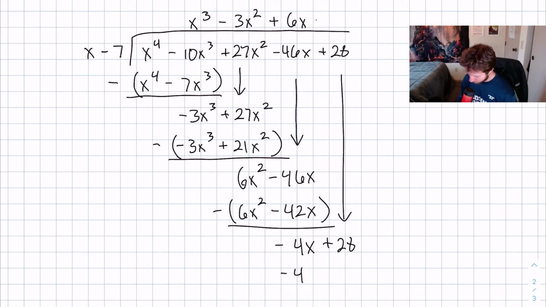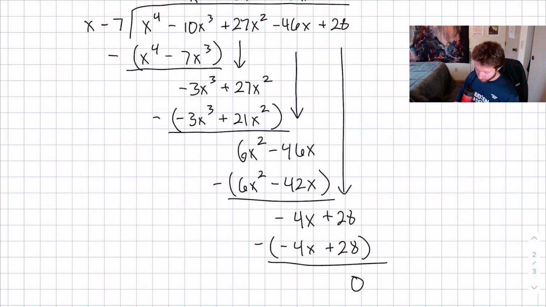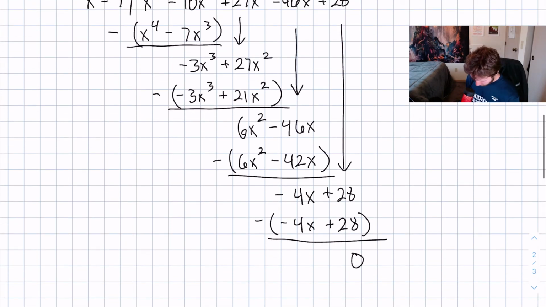Negative 4. Put that up there first. Negative 4x there. Multiply negative 4 times negative 7 plus 28. Put those in parentheses, 0. And you're done. That will give you your final quotient of x cubed minus 3x squared plus 6x minus 4.